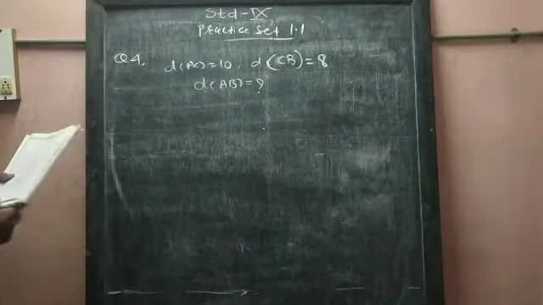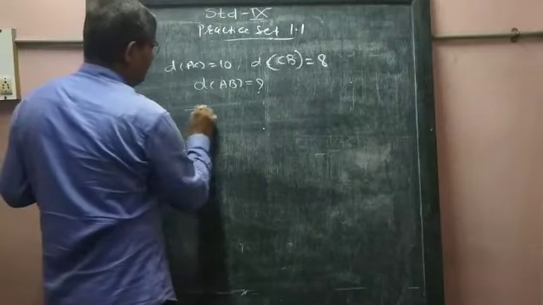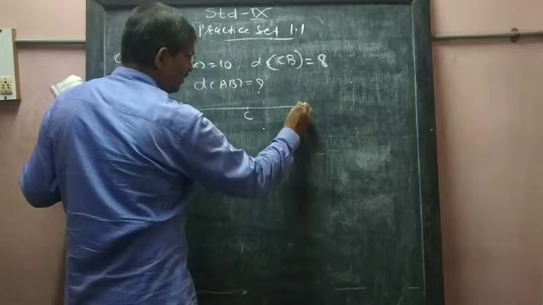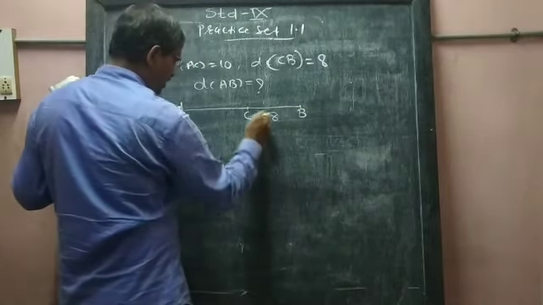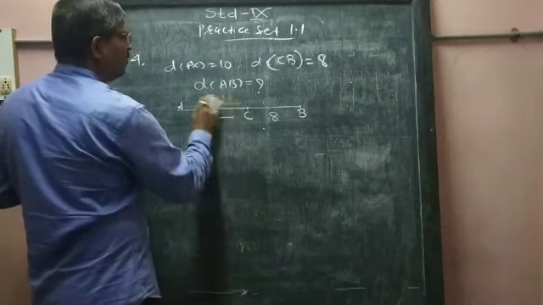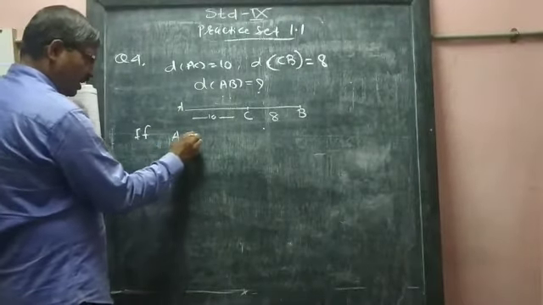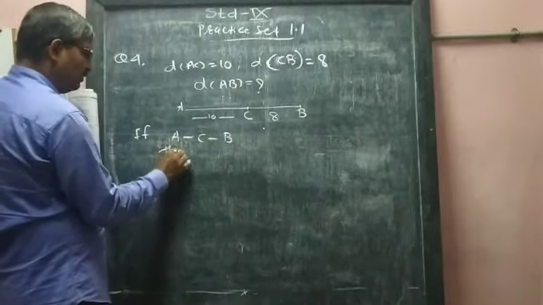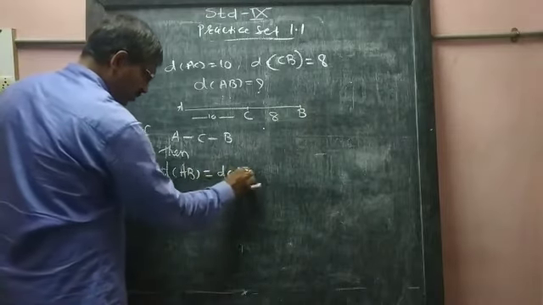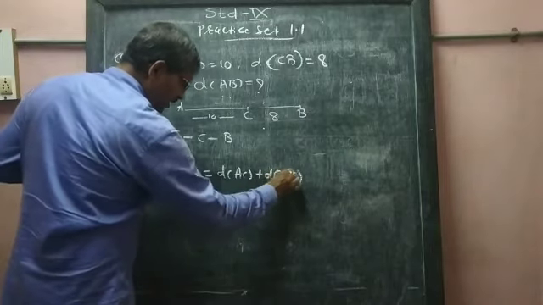Okay, all possibilities means there are two possibilities. Suppose I took here A, I took here C, and from C to B, here it is B. This becomes 8, this becomes 10. So what will be the distance of AB? One possibility: if C is between A and B, then distance AB is equal to distance AC plus distance CB.